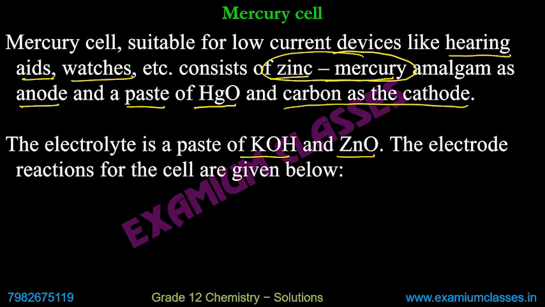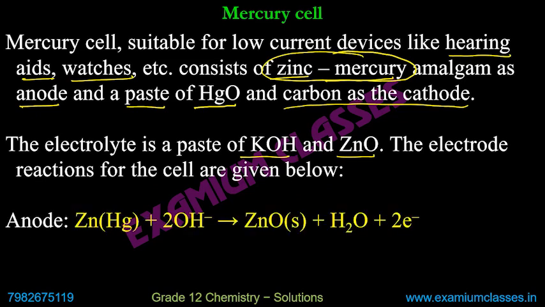The electrode reactions are, at the anode, from 0 to +2 oxidation state, oxidation. Zinc mercury amalgam is written like this, it is also written like this. It is also known as zinc amalgam only, because when we talk about amalgam, logically it is only a combination with mercury.